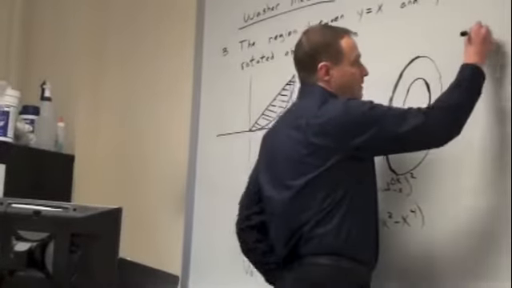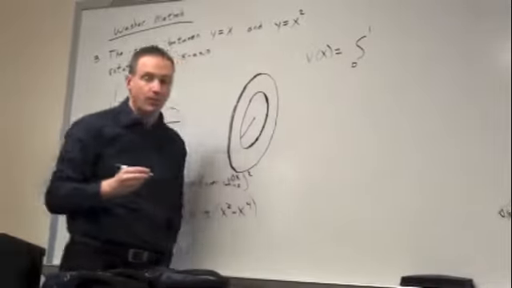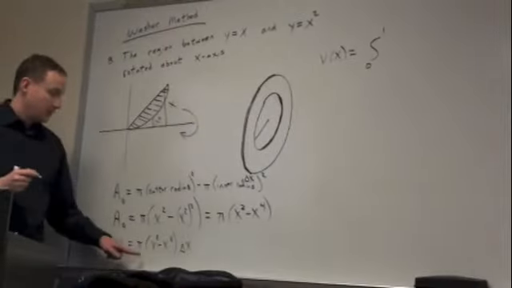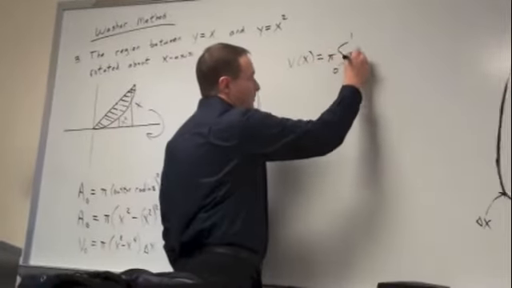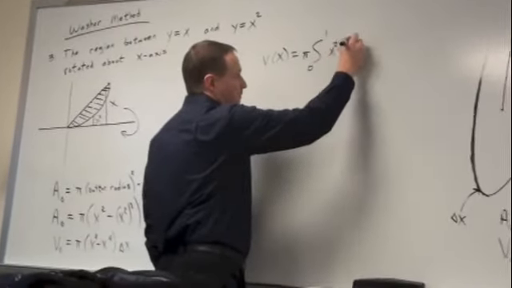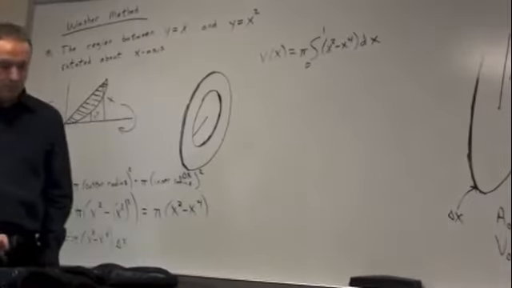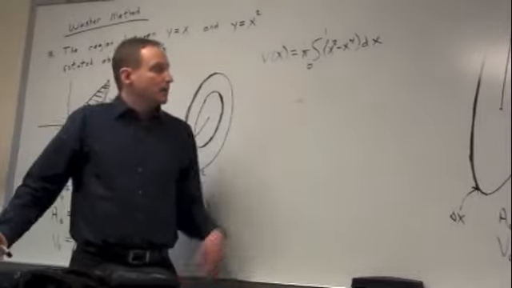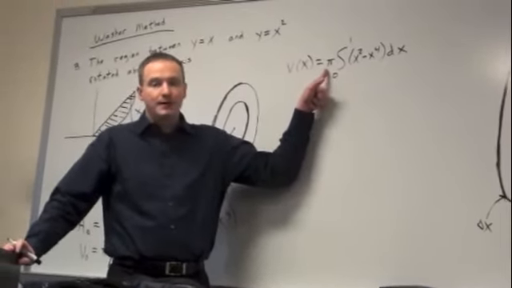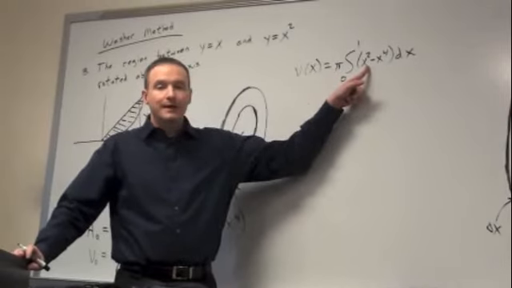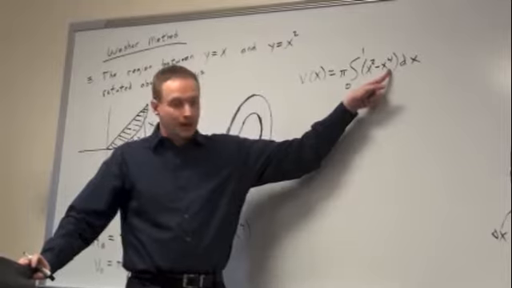So the volume of this region is going to go from x equals 0 to x equals 1 of pi times x squared minus x to the fourth, dx. I'll factor the pi out. Every single time, your integral formula is going to have a pi, probably on the outside is best, and this is going to be the outer radius squared minus the inner radius squared every time.